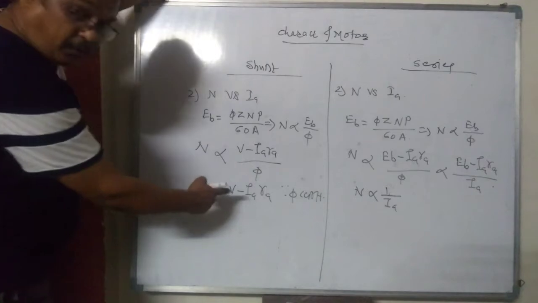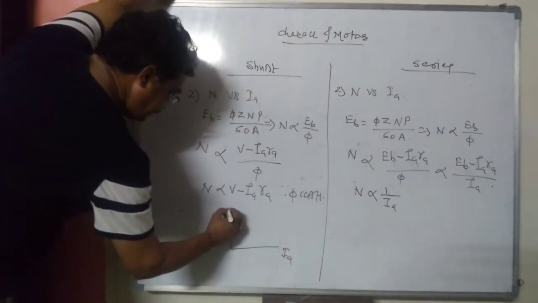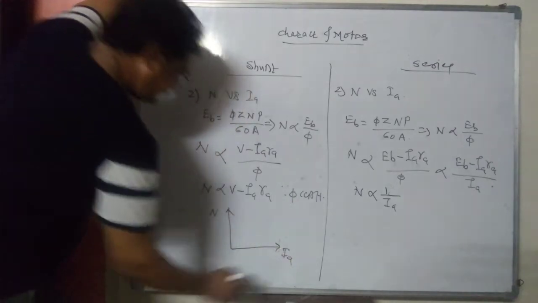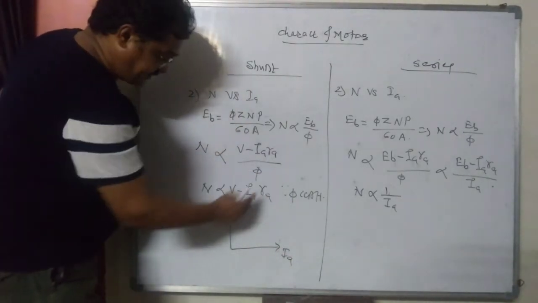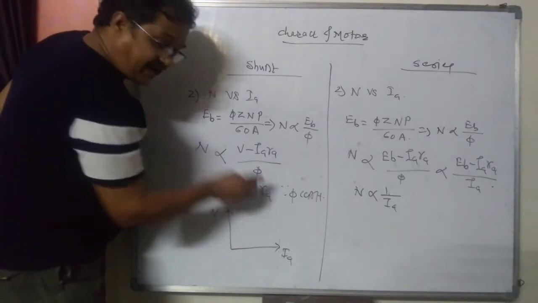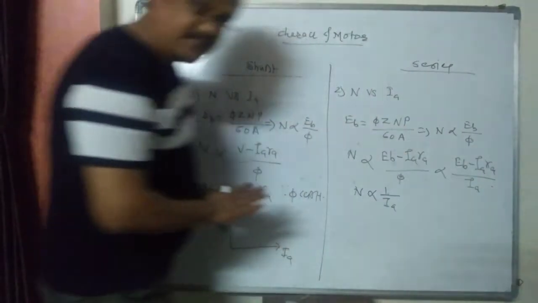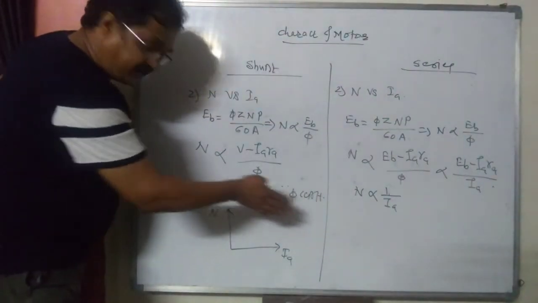So now how to plot the characteristics? Ia and N. As Ia increases, V minus IaRa will decrease. But IaRa is negligible, so this drop will be negligible.